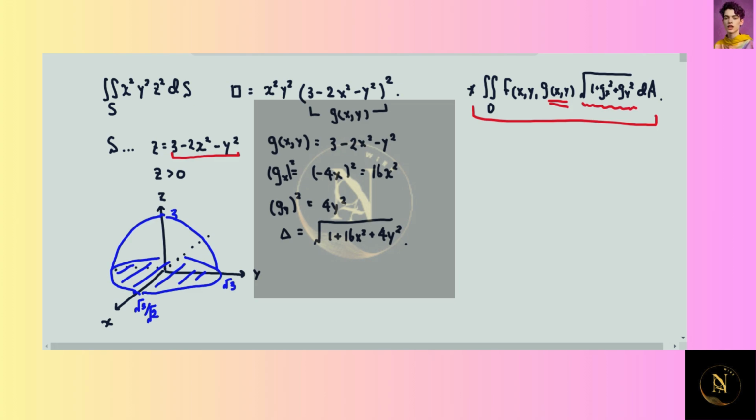The reason I know that is because when I let z equal 0, I know that 2x squared plus y squared is equal to 3. Dividing both sides by 3, I can rewrite this as x squared divided by (3 over 2) plus y squared divided by 3.